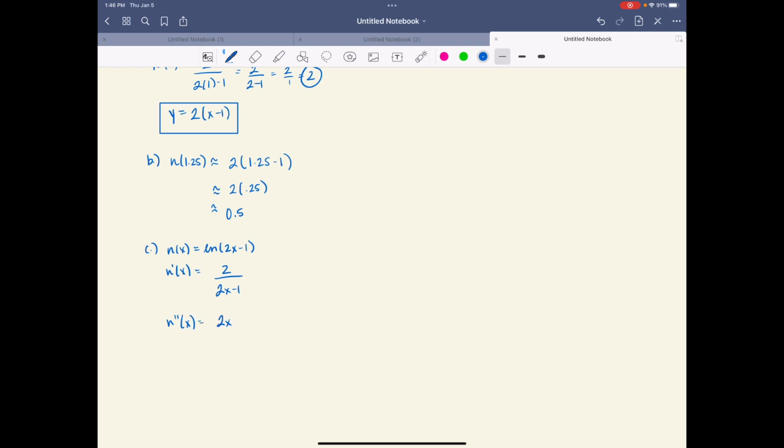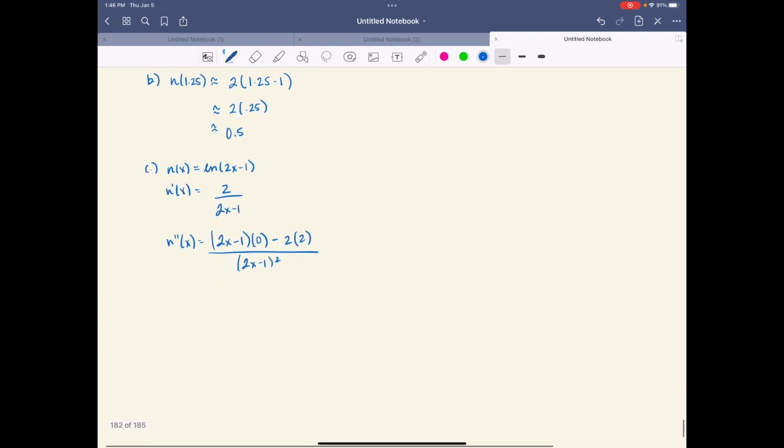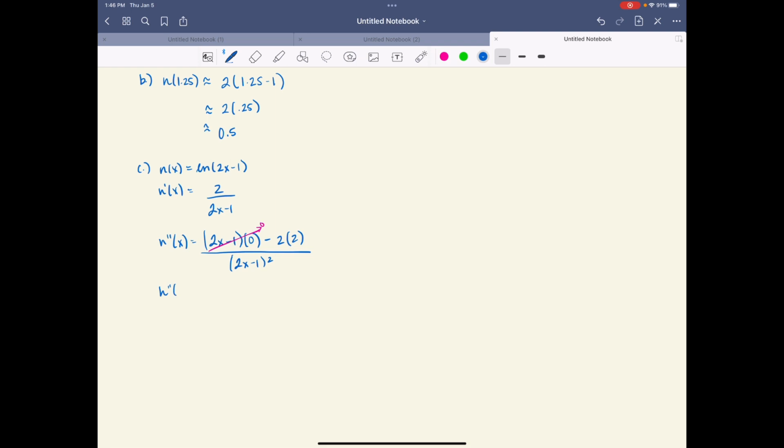My lower function, low d high, derivative of 2 is 0, minus high, derivative of 2x minus 1 is 2. So low d high minus high d low, square the bottom, and away we go. Anything multiplied by 0 is going to be 0 here, and then 2 times 2 is going to give me 4. So the second derivative is given by the equation negative 4 over 2x minus 1 squared.